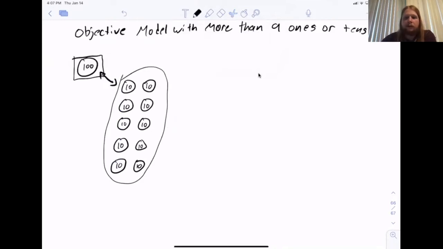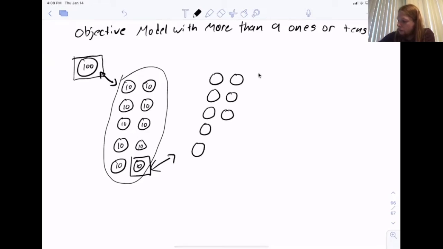Because if 10 chips can turn into 100, that means a 100 can turn into 10 chips if we need it to. Now, we could also do this with a 10 chip. What would one 10 chip turn into? One 10 chip would turn into 10 ones.